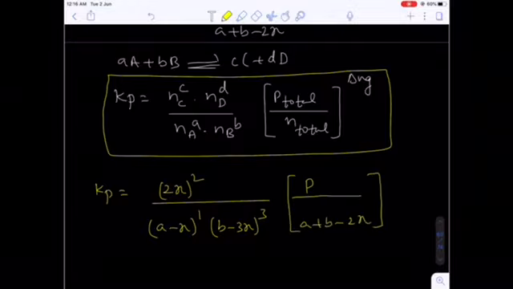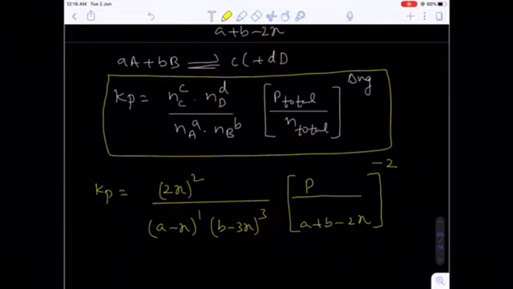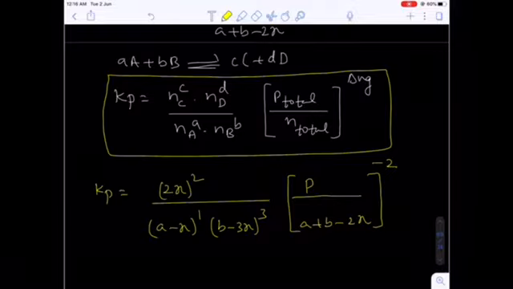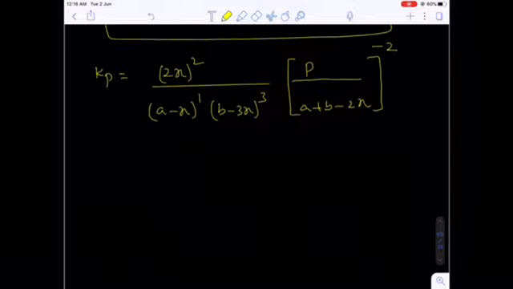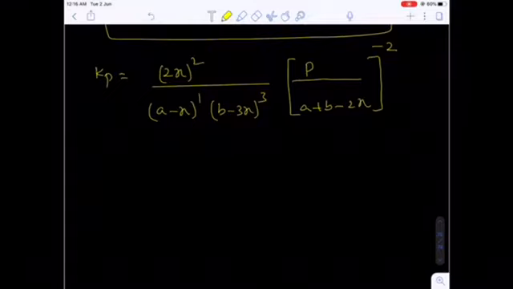A plus B minus 2x whole to the power what? Minus 2. This is the expression for the Kp, okay.